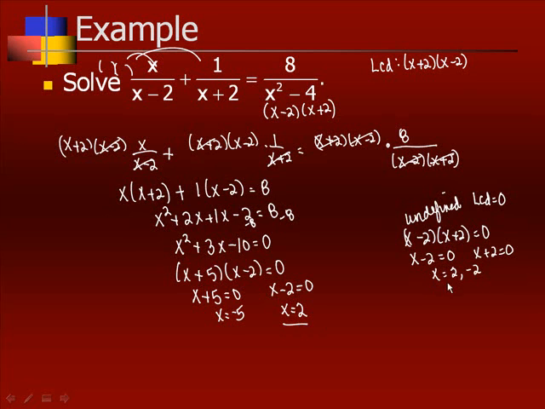Now, because our solution had a 2, we throw it out, not a solution, because it makes the denominator 0. So our solution for this one would just be x = -5.